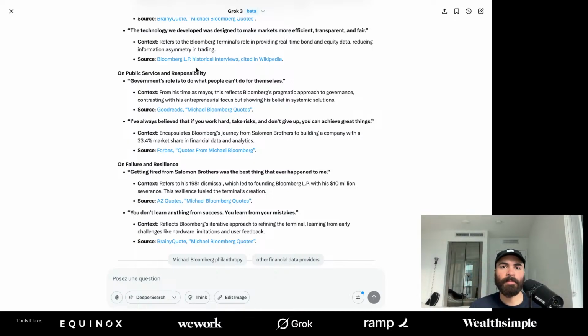The technology we developed was designed to make markets more efficient, transparent, and fair. Efficient, transparent, and fair. They definitely made it efficient with real-time data, with, again, launching their own news division.